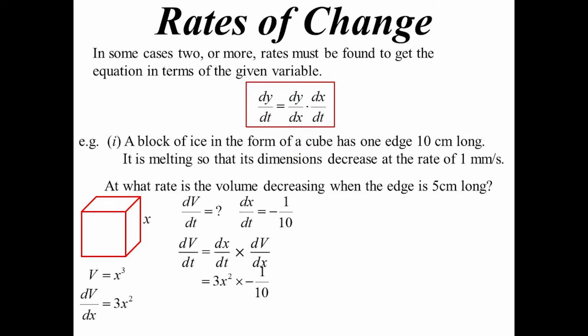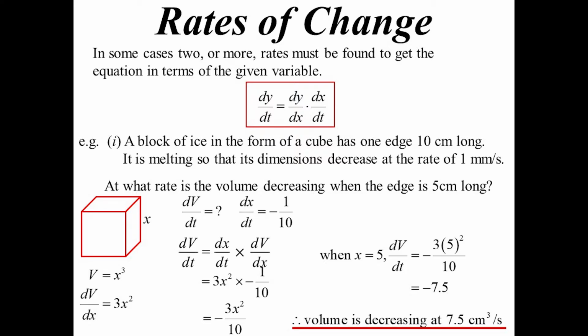We can find dV/dt. It's in terms of the edge length, but it's minus 3x squared on 10. Now they've asked us for the specific rate when it's 5 centimetres long. Well, now it's just a substitution. So when x equals 5, dV/dt becomes negative 7.5. So at that point in time, it'll be decreasing at 7.5 centimetres cubed per second.